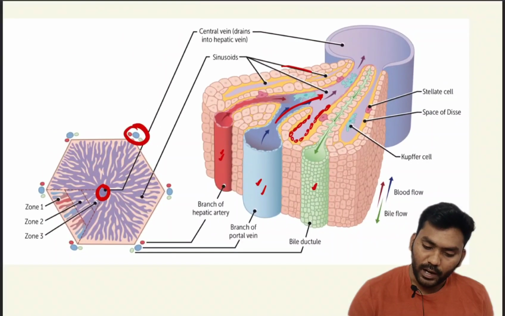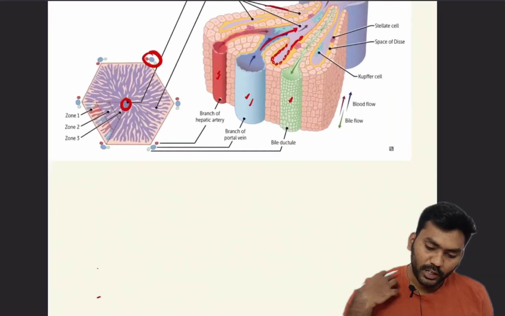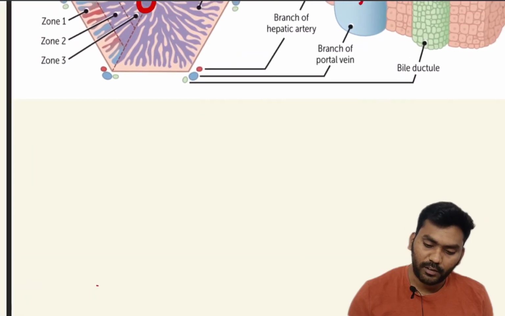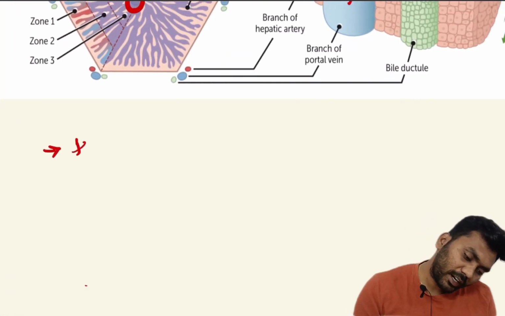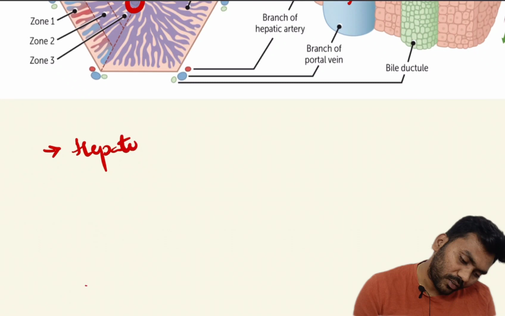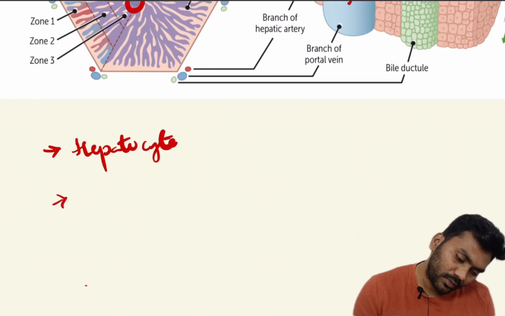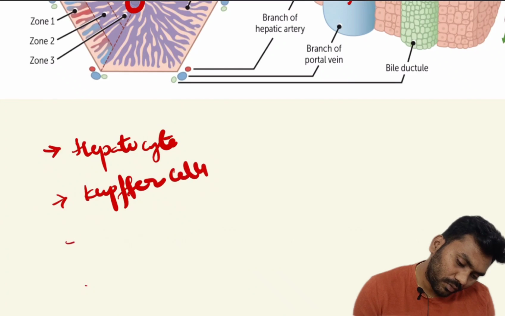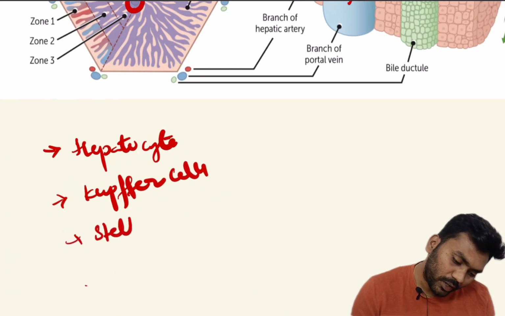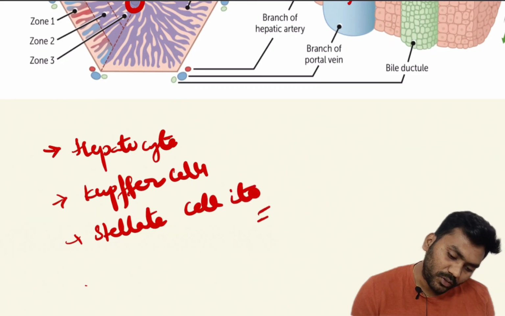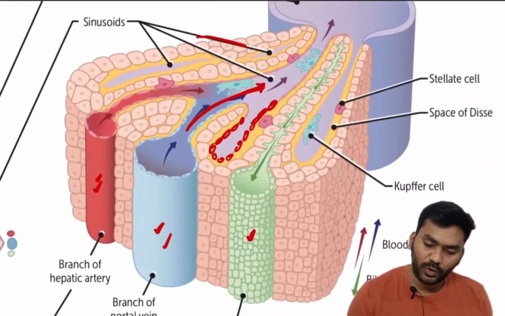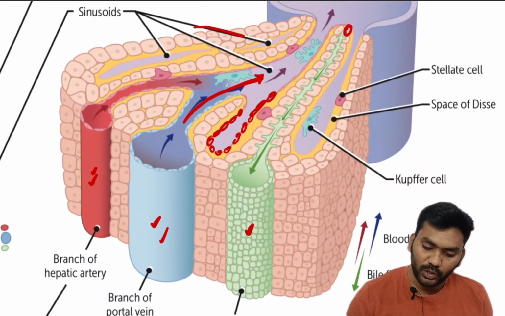Let us come to the 3 important cells of the liver parenchyma. The liver contains hepatocytes, second, Kupffer cells, and third, stellate cells of Ito. Let us discuss one by one. These hepatocytes are arranged in hepatic cords.